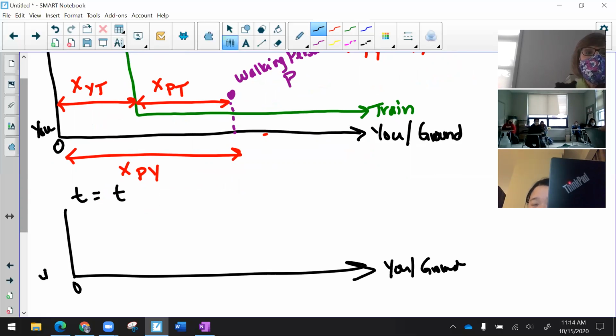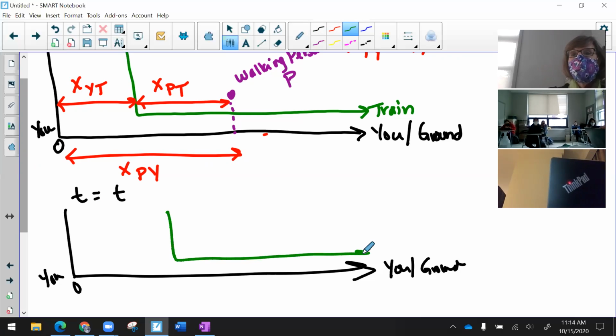You are still standing back here. But the train has moved. Because trains move, it's what they do.